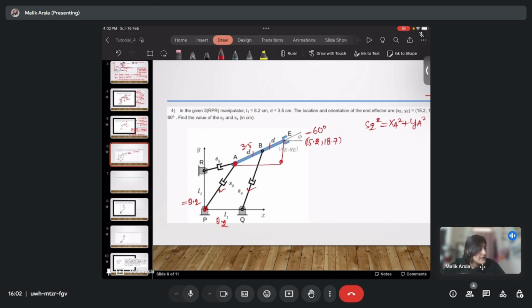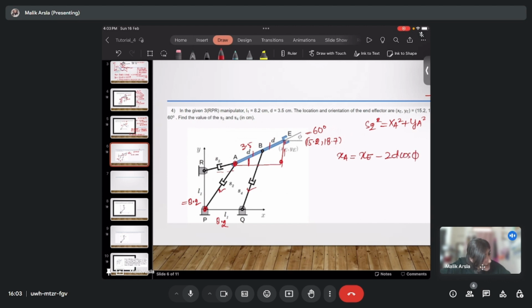I can simply write xa as xe minus 2d cos of phi. This whole length is xe, and if I subtract this length from it, it will give me this coordinate of a. So xa is equal to xe minus 2d cos phi.